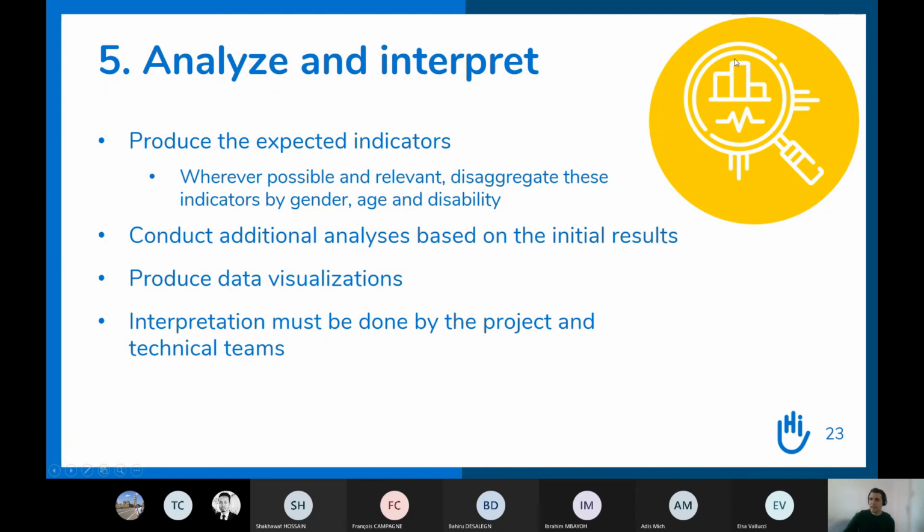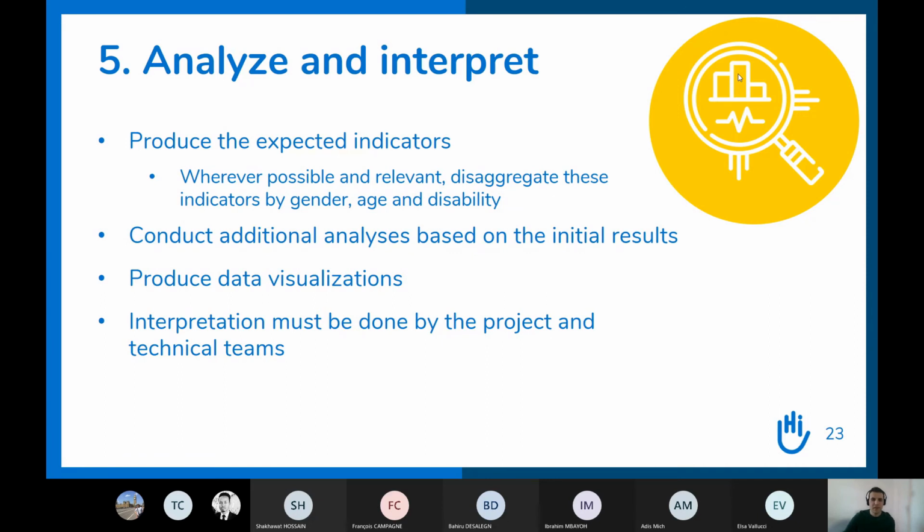And also what I think is important is not only to do the analysis that was planned, obviously you have to do it, but if you have time and if you have the resources, I think it's always interesting to conduct additional analysis based on the results. Usually you have your database, you know that you have to calculate the percentage. For instance, if I take my example, the percentage of people who improved their access to this service at the end of the intervention.